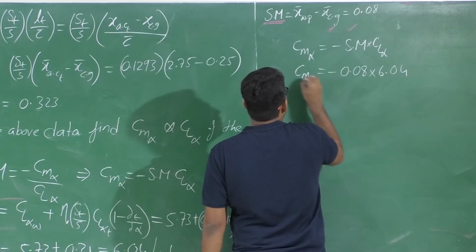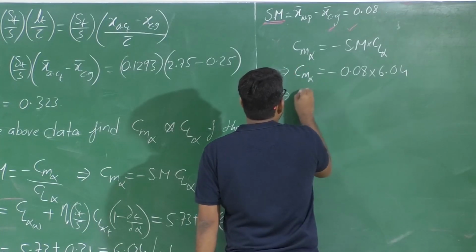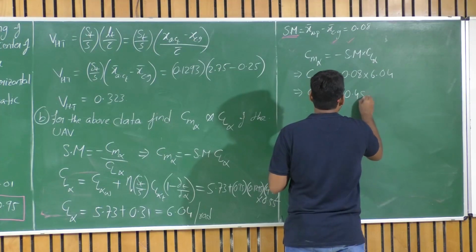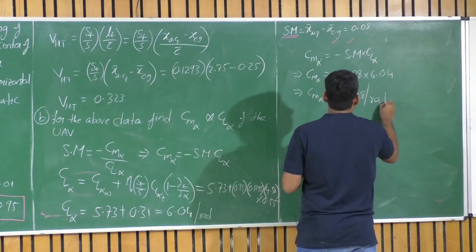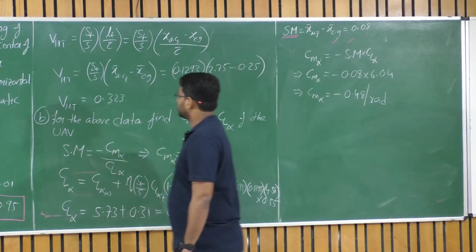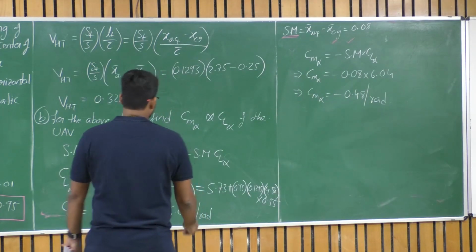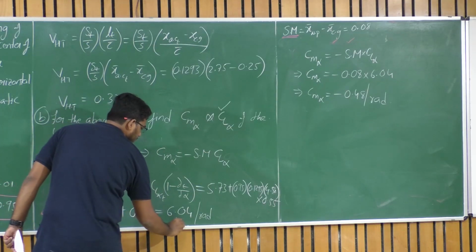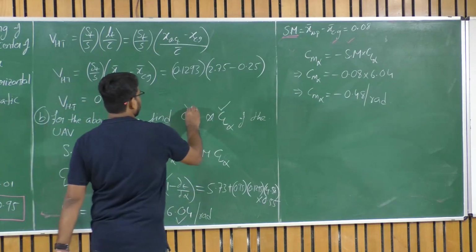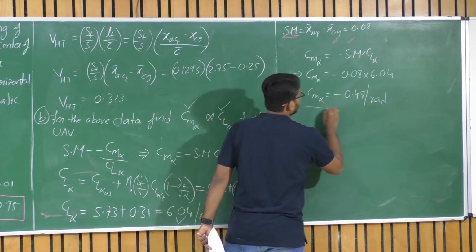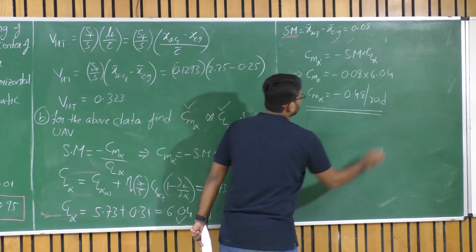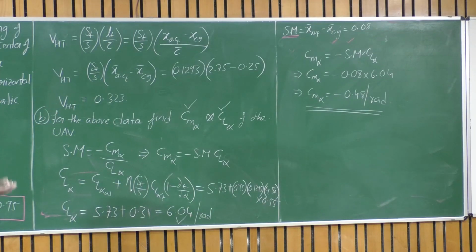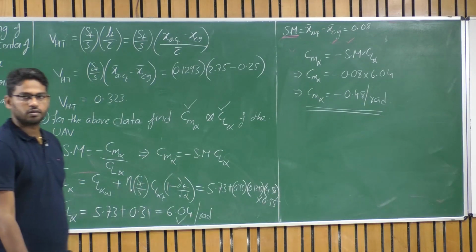This implies CM alpha is equal to minus 0.48 per radian. Okay. So we are able to find out both. The CL alpha is 6 per radian approximately, and then the CM alpha of this UAV is minus 0.48. So can we comment about stability right now?